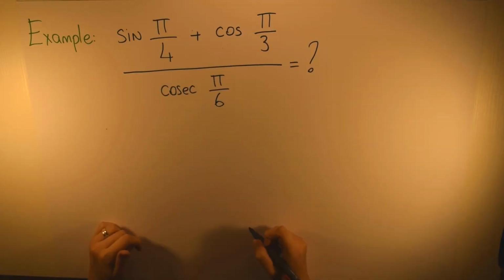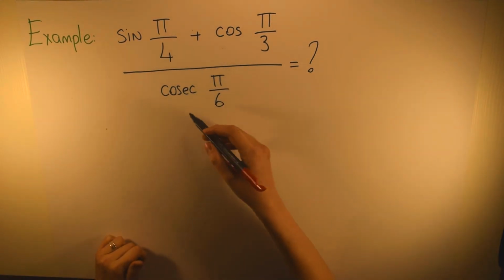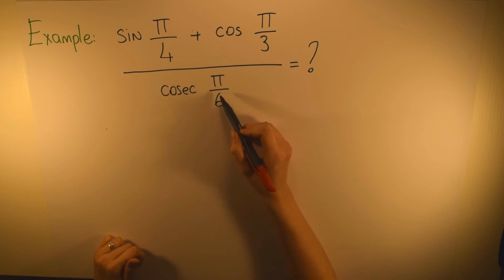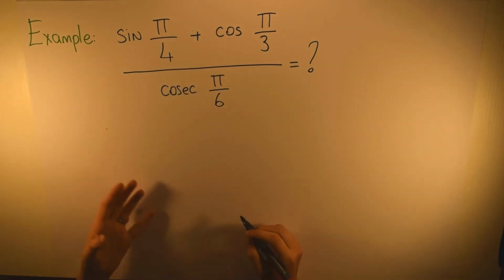Let's look at this example. Here we have sine pi over 4 plus cosine pi over 3, over cosecant pi over 6. What do we do when we see pi? We think of it as 180 degrees.